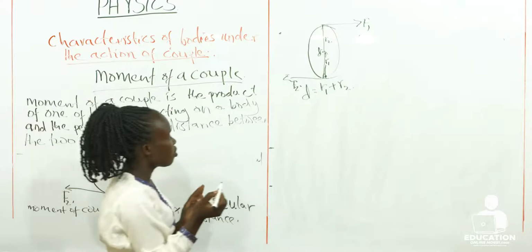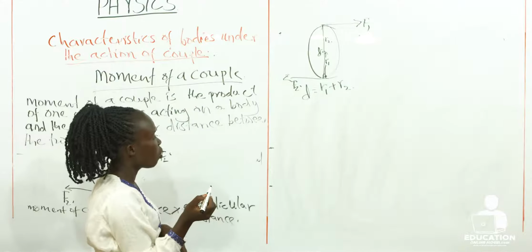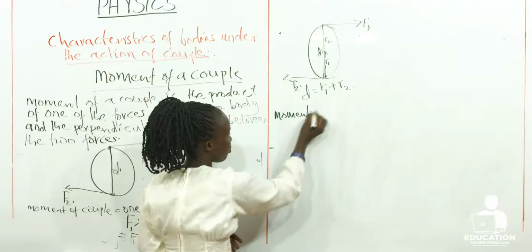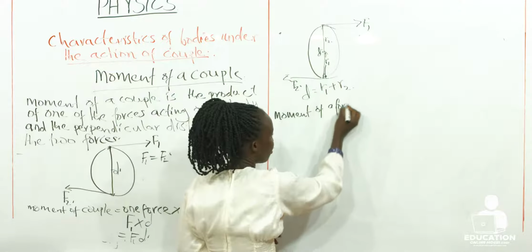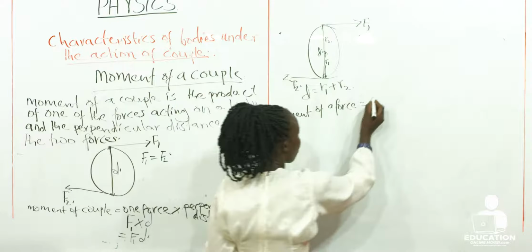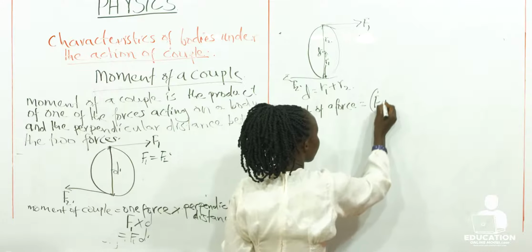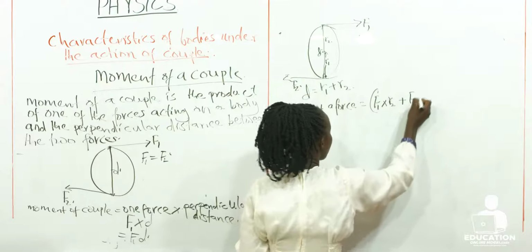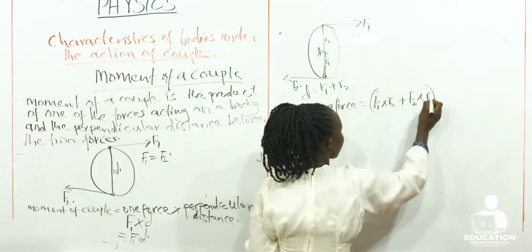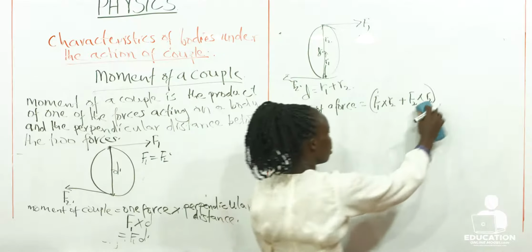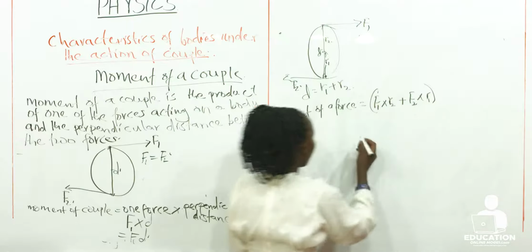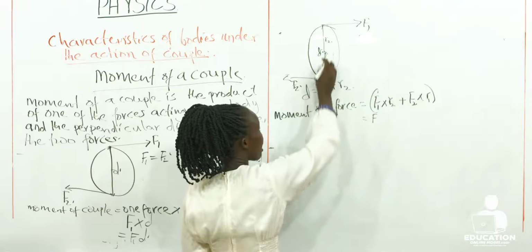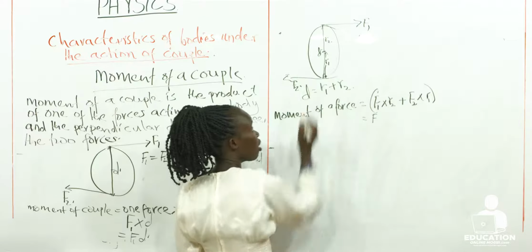So when they have given you the radius instead of the diameter, the moment of a couple will be equal to F1 times the radius R2 here, plus F2 times the radius R1. Here we are taking the center as our fixed point.